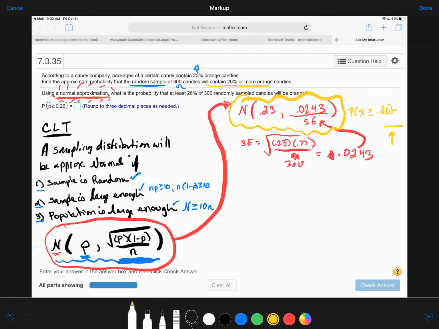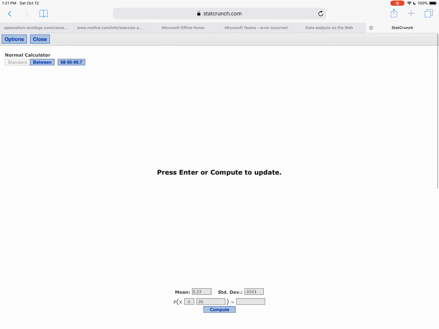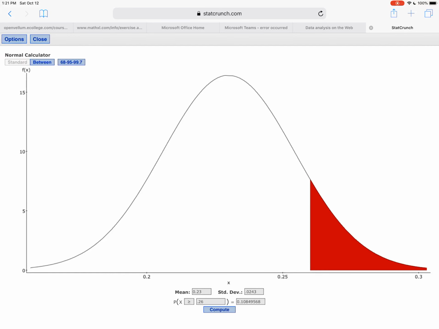At this point it's the same as what we were doing in chapter 6. I already had my normal calculator up. I already put in the mean of 0.23 and the standard deviation of 0.0243, found the probability that x is greater than or equal to 0.26, and computed that.